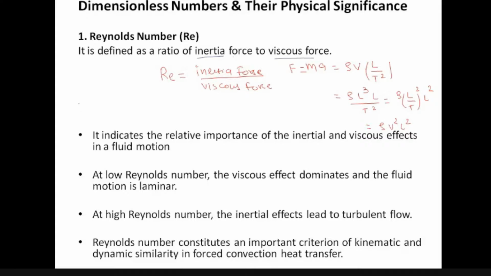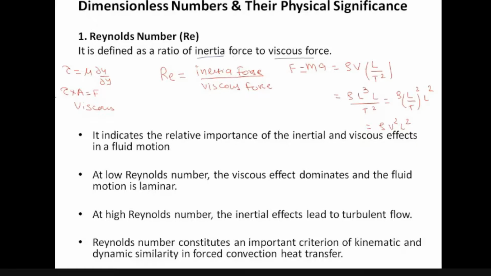Now how can I write the viscous force? All of you know the shear stress tau, which equals mu del u by del y. This is stress. If you multiply stress with the area, it becomes a force.